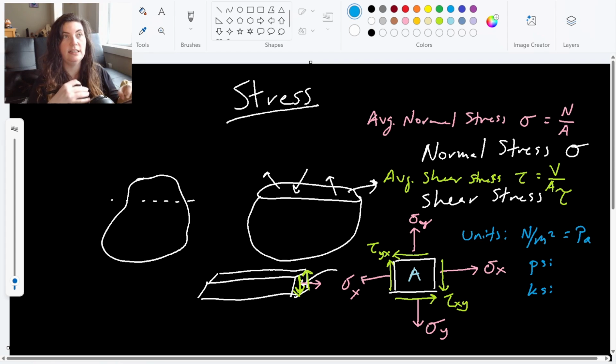It is from the internal forces of the body, not from external forces. And it's also a property of the material itself, whereas pressure is some outside object or force acting on a body. This is internal. So that's really the major difference between stress and pressure. They have the same units, but they are different quantities, and we work with them in different ways.